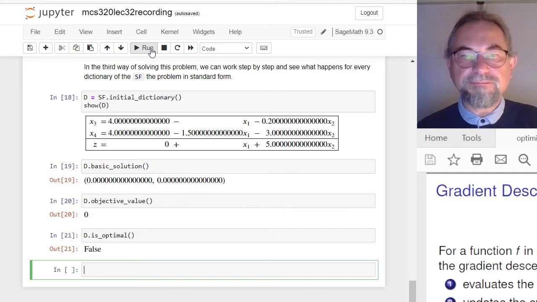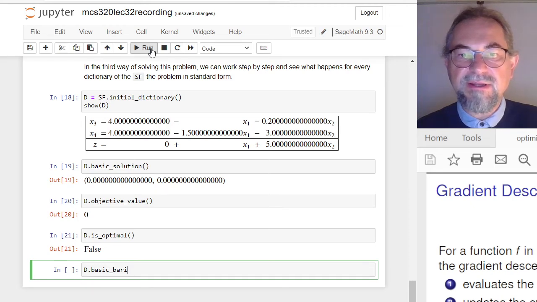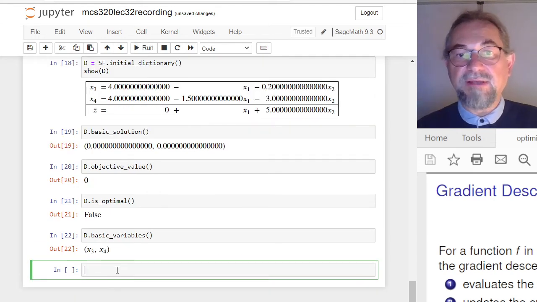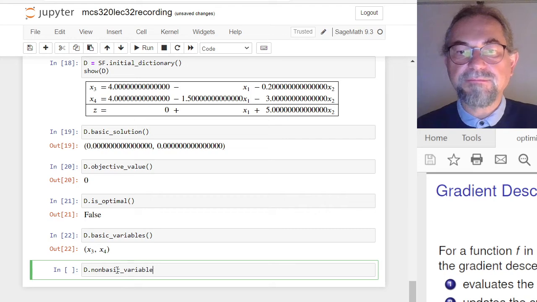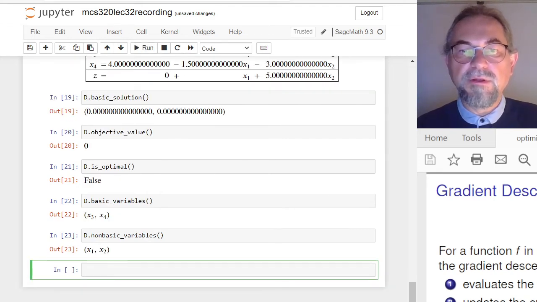So I can ask what are the variables in the basis. So these are the basic variables, x3 and x4, they are both values 4, and then I can ask for the non-basic variables. So these are the variables that are 0.